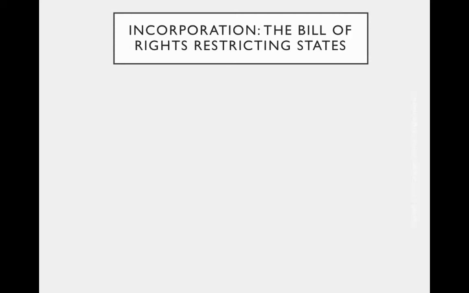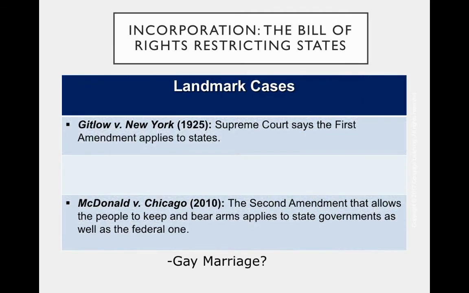All right, so we keep talking about this incorporation. Let's talk about what cases actually happen with it. So landmark cases, Gitlow versus New York. This was the first time that the Supreme Court incorporated an amendment. 1925.